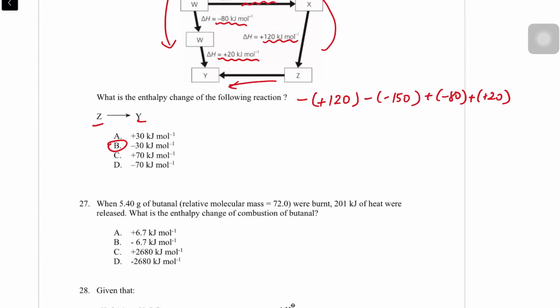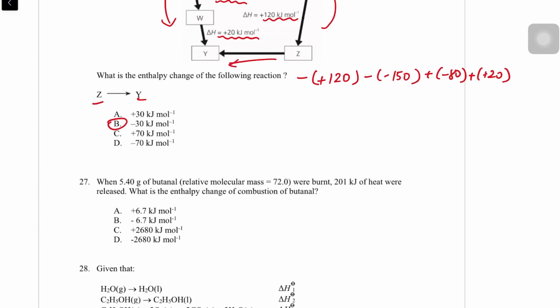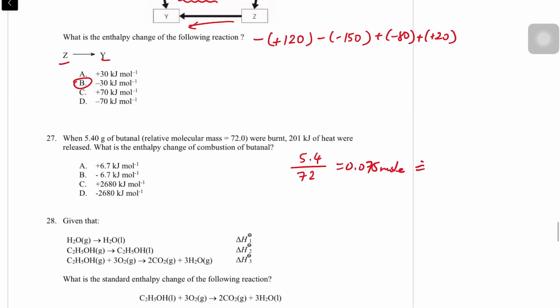27. Wow. Again, we need to do some calculation. 5.4 gram of butanol. Okay, we get the molar mass. This amount of heat energy is released. So what is the enthalpy change for the combustion? Okay, so let's see the number of moles first. Okay, 3.4 over 72 is, okay, this amount of butanol can give you this amount of kilojoule.